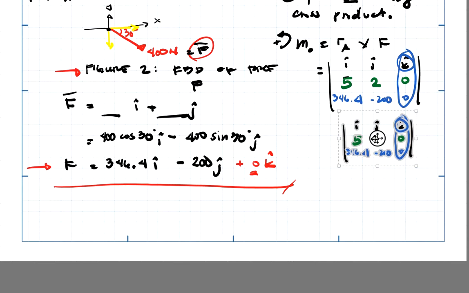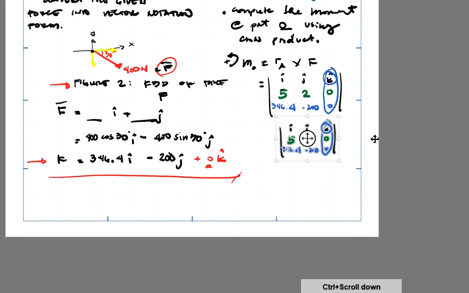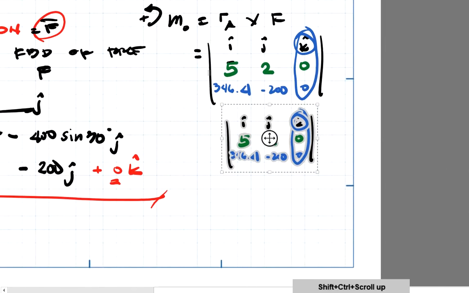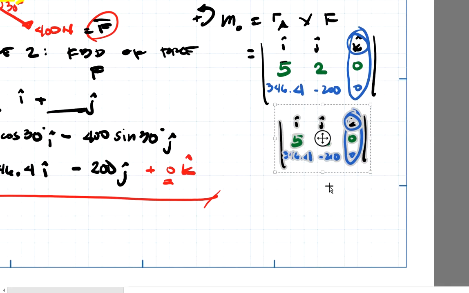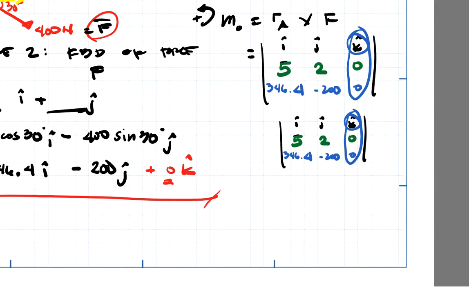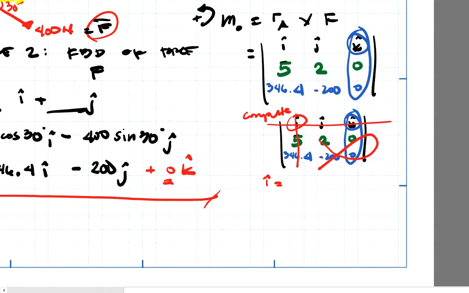If we compute, say, the I component, we cover this part and then do this part. 2 times 0 and 0 times negative 200.